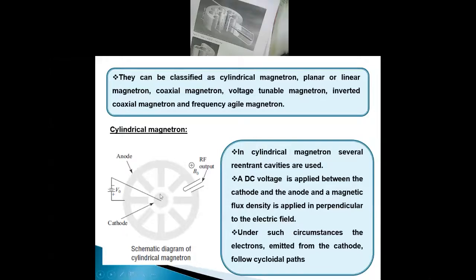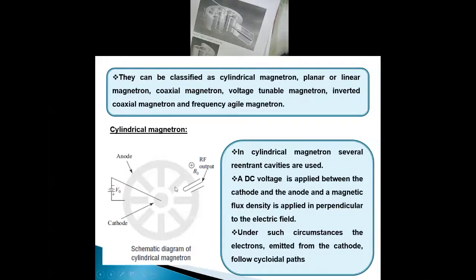We should learn what the electric field and the magnetic field positions will be. If there is no magnetic field, and no electric field, the electron emitted from the cathode terminates at the anode.